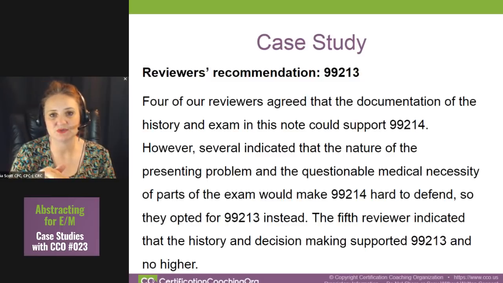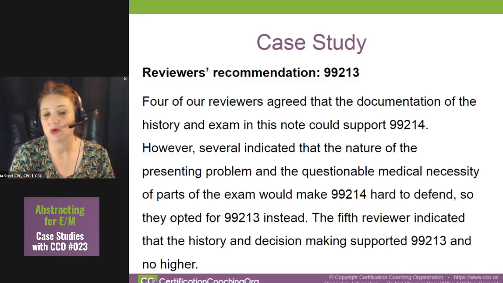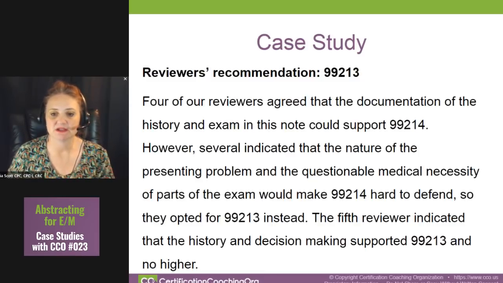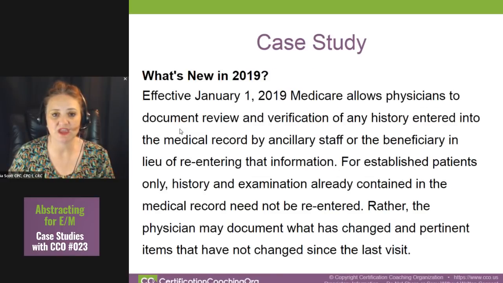So it's better to go with the information that we abstracted. Now, if the patient had asthma or another comorbidity that went along with a common cold, that would raise that up to a 99214 probably. But what we were able to abstract out of here, not really. Okay. So now you see kind of the different things.